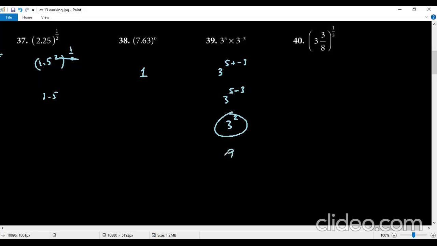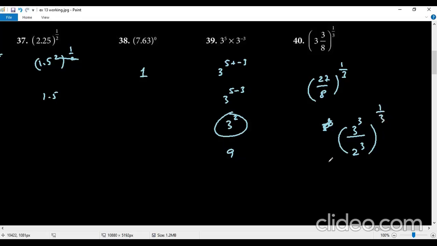Now the next one is 27 over 8, to the power 1 over 3. Here we are using the exponential rule. This means this is 3 cube and 2 cube, and this I will write 1 over 3.